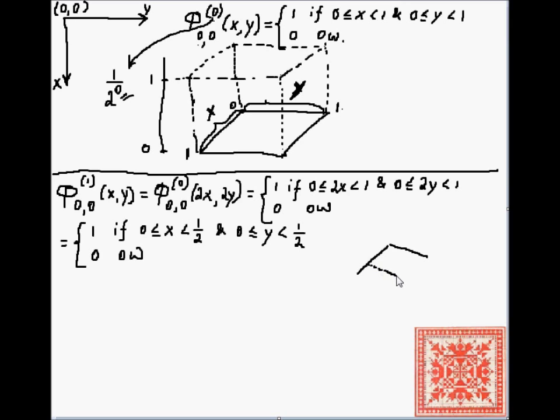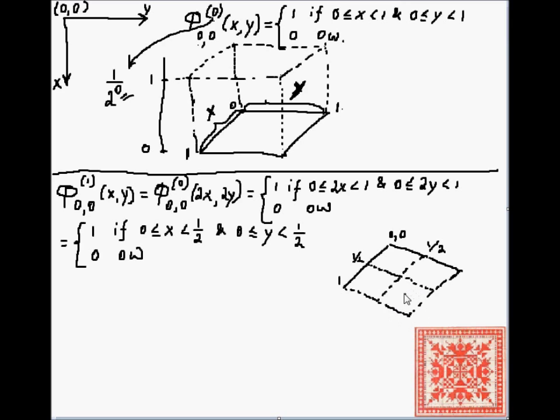Notice that we obtained this definition by plugging 2x and 2y into the definition of the basic step function defined above, phi 0 sub 0, 0. If you plug in 2x instead of x and 2y instead of y, that's what you get. So here is a sketch of what this function looks like in 3D.